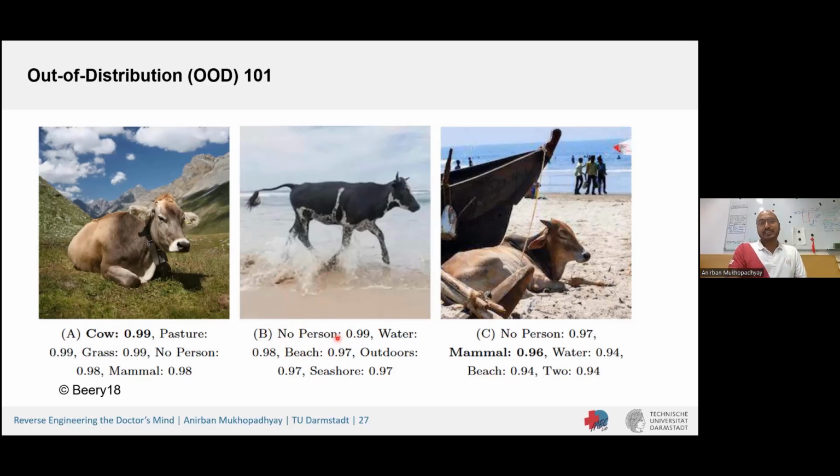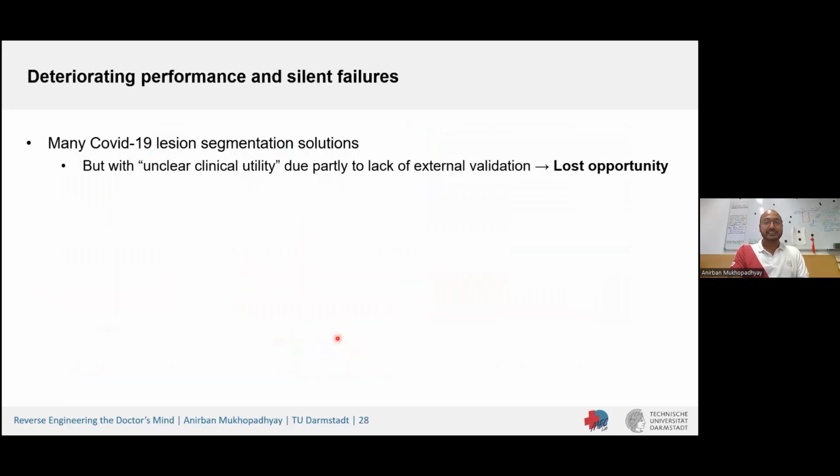And this is a problem that appears also in medical imaging, where deteriorating performance happens in conjunction with silent failures. One of these examples would be our time, which is the pandemic time.